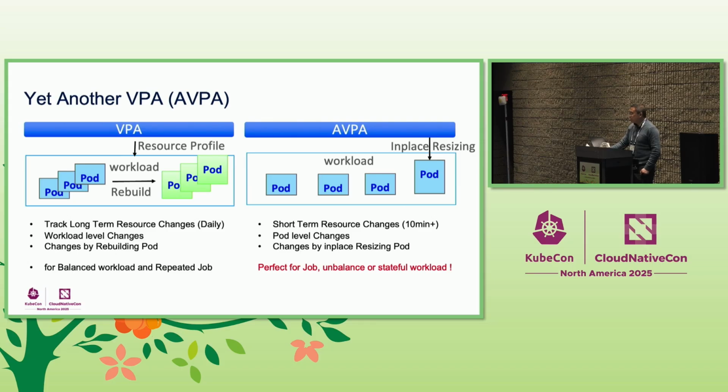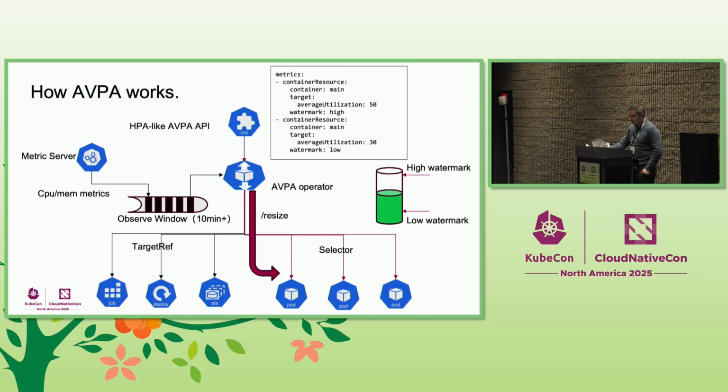So for a workload, pods may have different resource requirements under AVPA, which solves the hotspot problem. For each individual pod, AVPA applies the change using in-place pod resizing without disrupting the service. AVPA is perfect for jobs, unbalanced, and service-stable workloads.